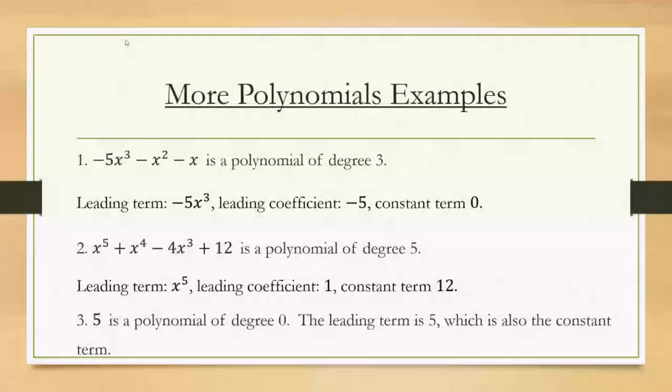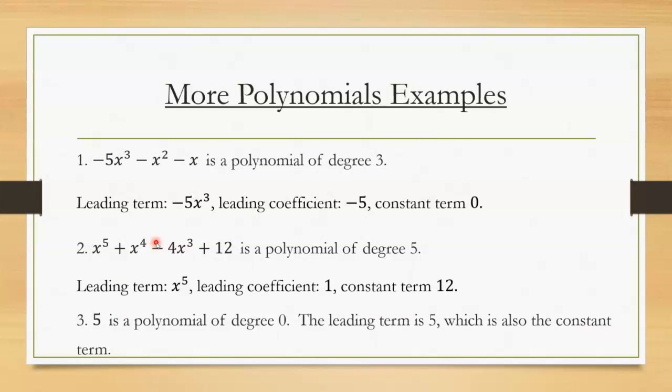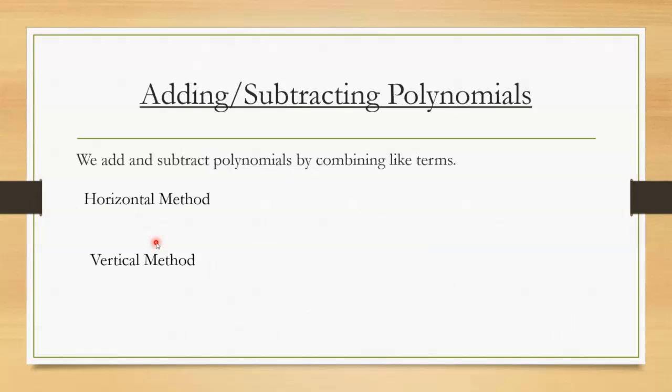Okay. Now we know how to add monomials, right? We just combine like terms. Well, when you add polynomials together, in the end, it's really just the same idea. When you add and subtract polynomials, you're really just combining like terms, just like you would with monomials.